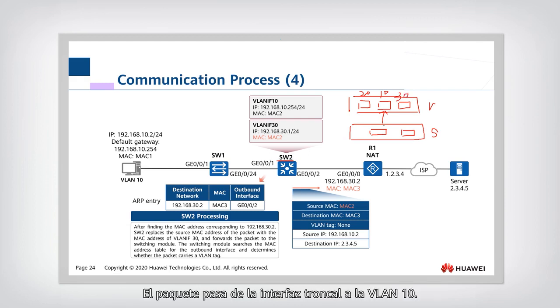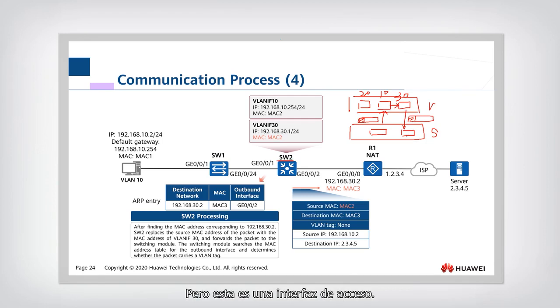right? So the packet goes from the trunk to this VLAN 10. Actually, it has the tag 10 here, and then by going to this VLAN interface, they will remove the tag 10, and then send it to VLAN 30. When it goes into this interface, it will have the tag 30, right?